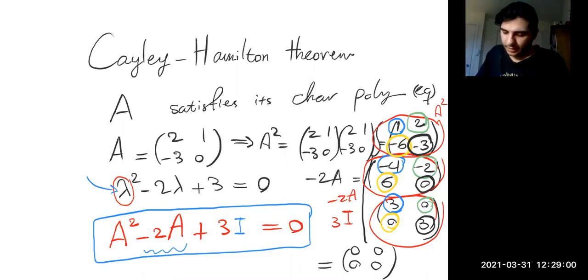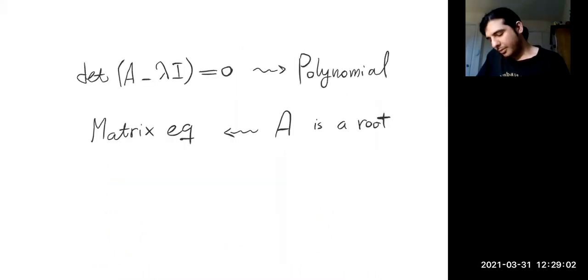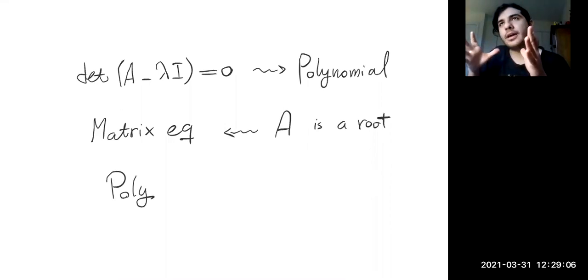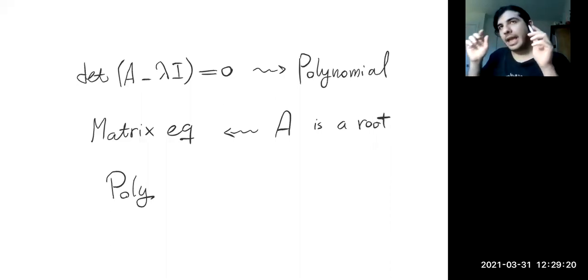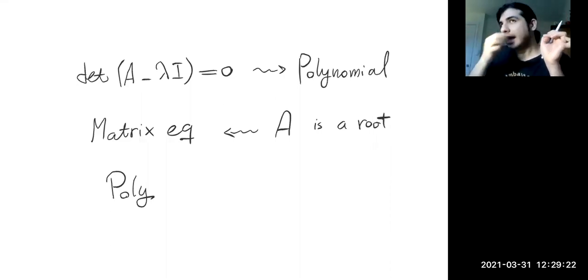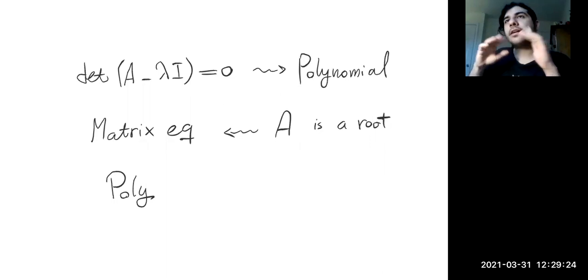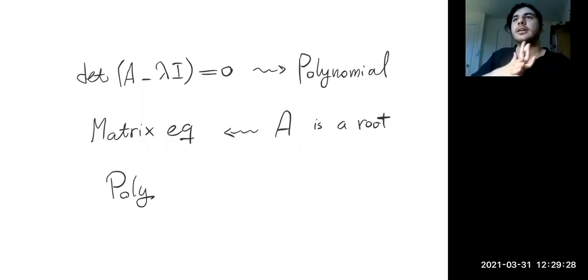You can look at all polynomials which A is a root of, and there is one polynomial, up to multiplication by a constant, which is in some sense the smallest one, with the lowest degree. A is a root of that polynomial, and that polynomial divides every other polynomial which A is a root of.